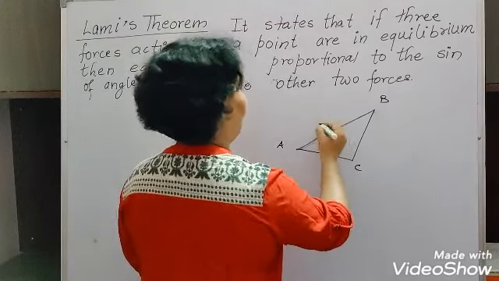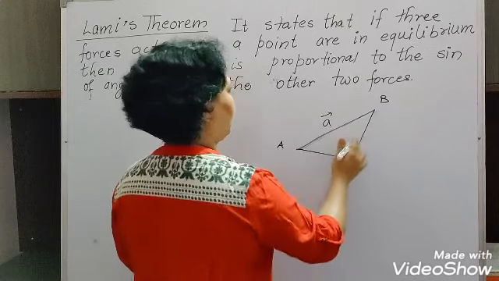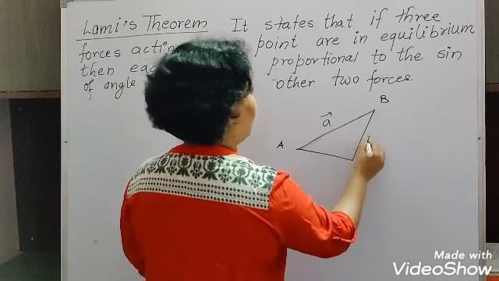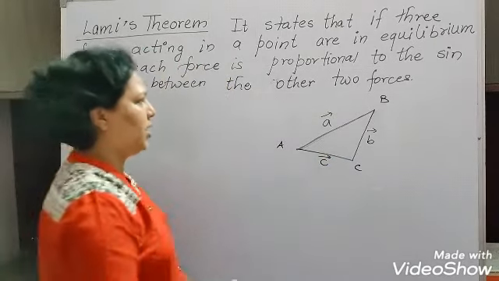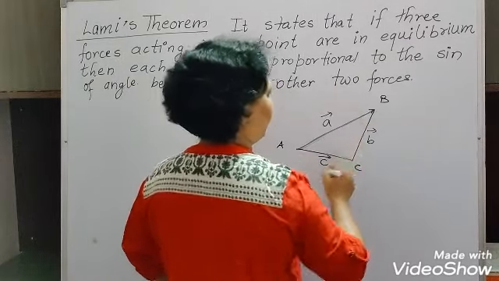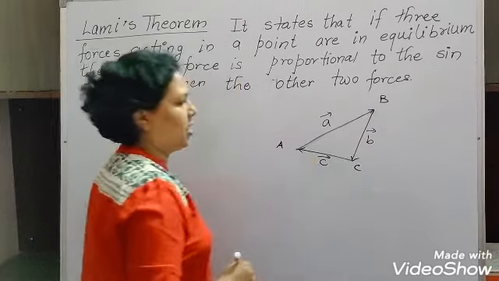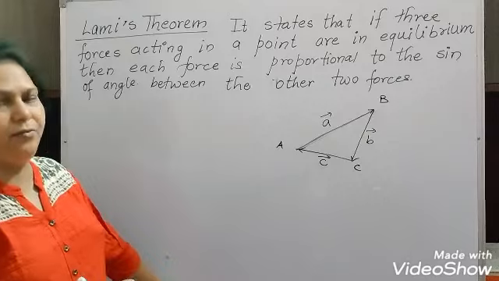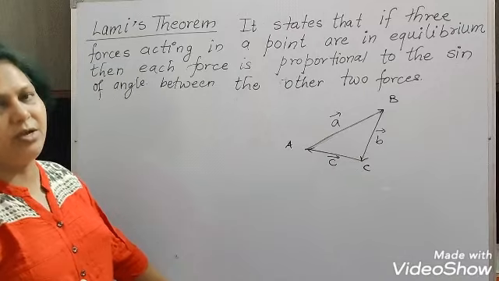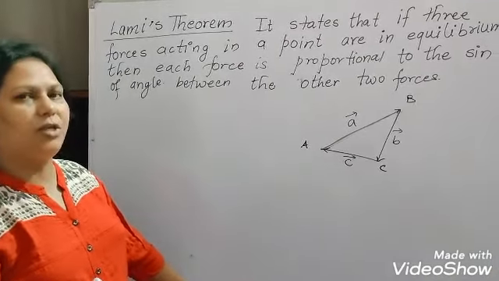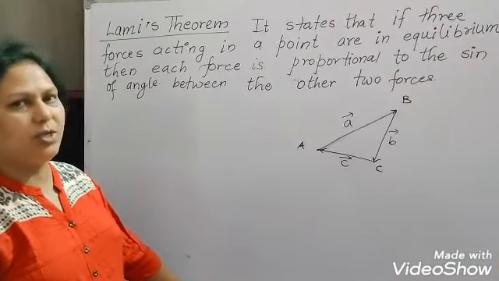Suppose this is A, this one is B, and this one is C. These are working in this direction. I am taking the clockwise direction, so they work in the same direction. We have just studied that equilibrium forces, or vectors represented by the three sides of a triangle in the same order, give zero resultant.